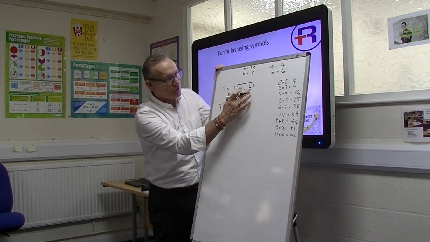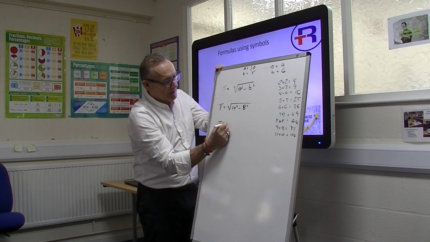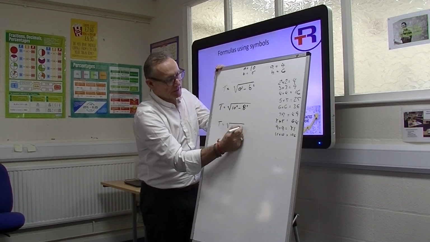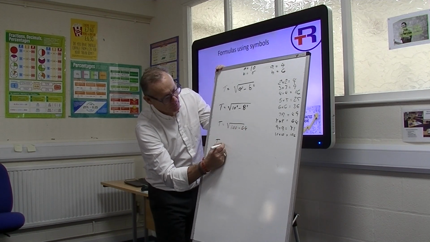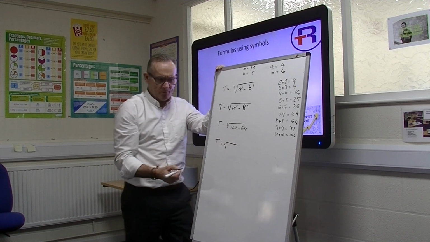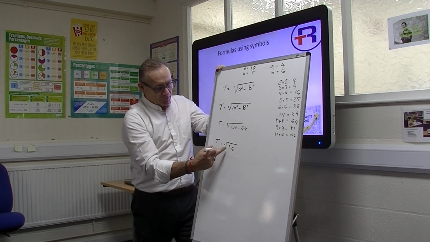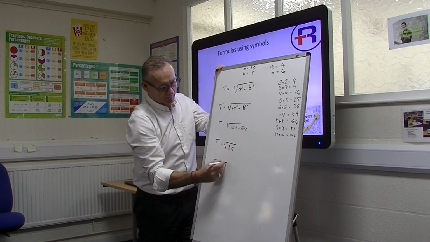The first step, I've just changed the letters for the two numbers that are in the question. So T equals the square root of 10 times 10 is 100 minus 64. So T is equal to the square root of what's 100 minus 64? 36. So T is equal to the square root of 36. T is equal to 6.